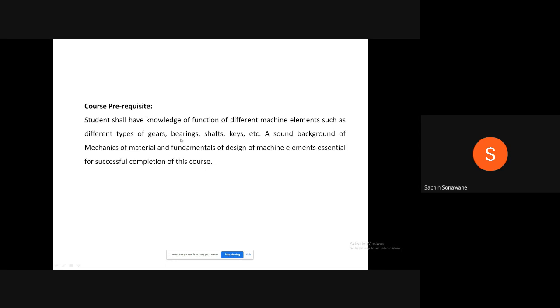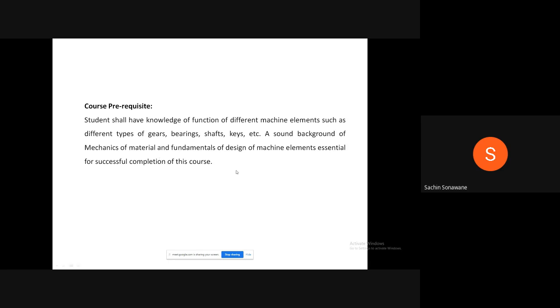Then in third year semester 1 you have studied machine design 1. Therefore, whatever knowledge you have gained from all these four subjects, that knowledge is beneficial while studying this subject.